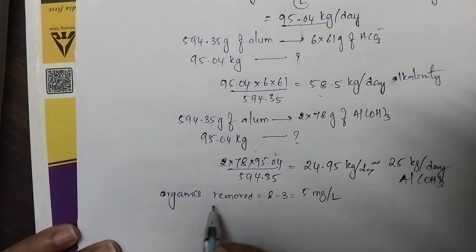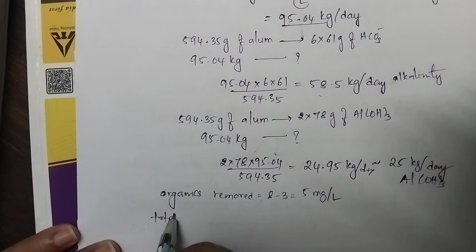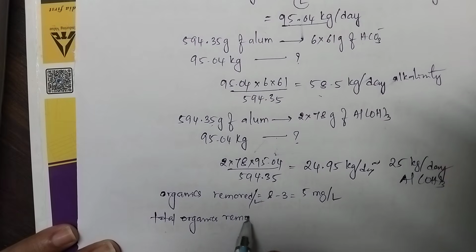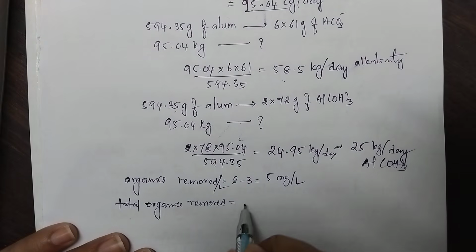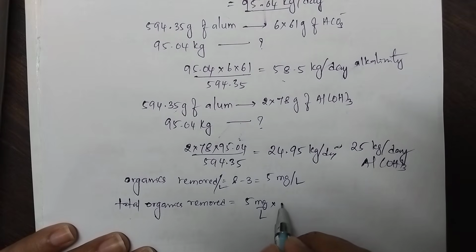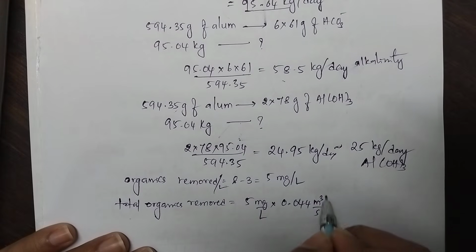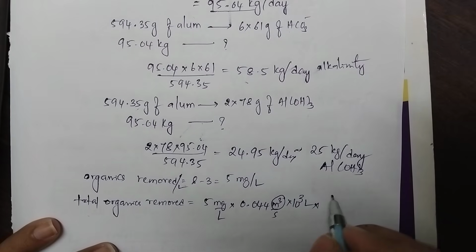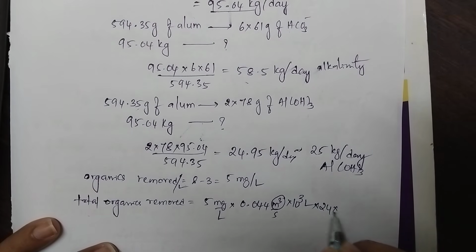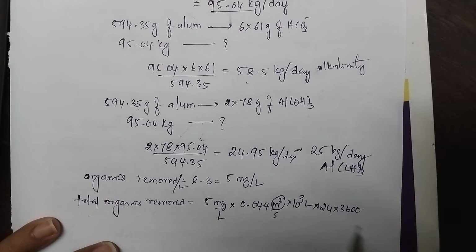So we have to multiply with the flow rate and time: 5 milligram per liter, into 0.044 meter cube per second, into 10 power 3 liters, into 24 hours and 3600 seconds.